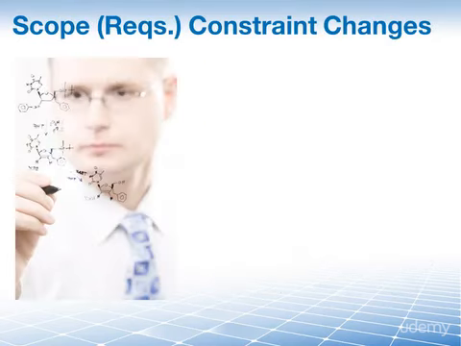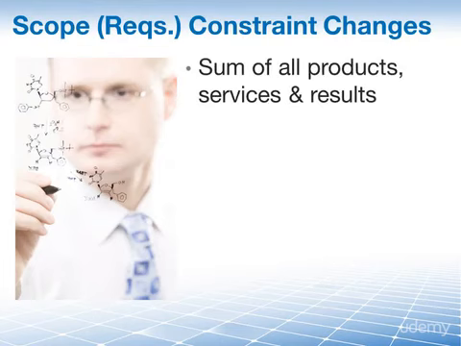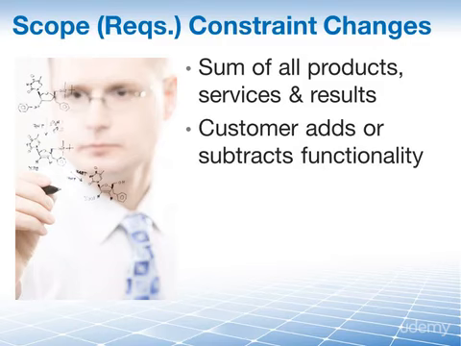Our first competing project constraint is scope, or requirements, which refers to the sum of the products, services and results to be provided as a project. So what type of constraints might scope present on our project? Well, scope changes may be introduced by the project's customer, who decides that they want to remove functionality, or more likely they want to add functionality to the finished product.